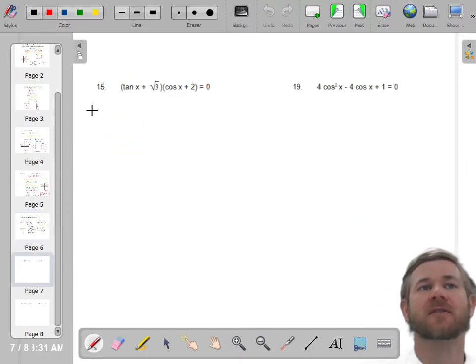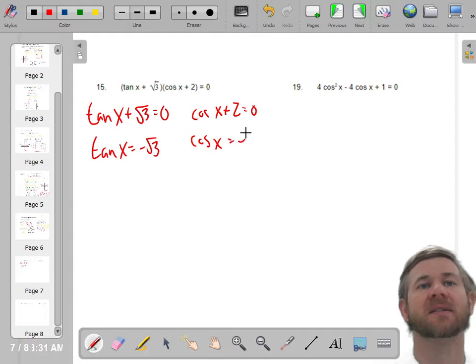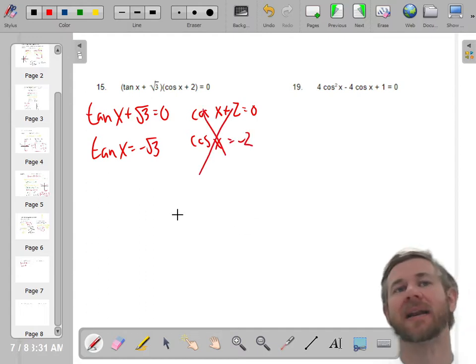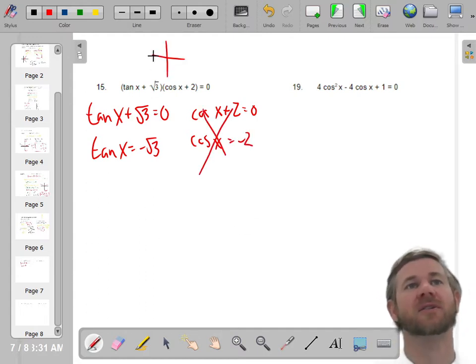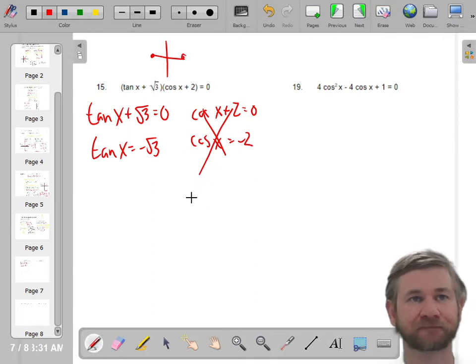This one's already factored, so we'll set each factor equal to 0. So that means that the tangent of x would be negative radical 3, or cosine x plus 2 equals 0, which means the cosine of x is negative 2. Again, no, it's not. The smallest cosine gets is negative 1, and the biggest it gets is 1. It's never negative 2.